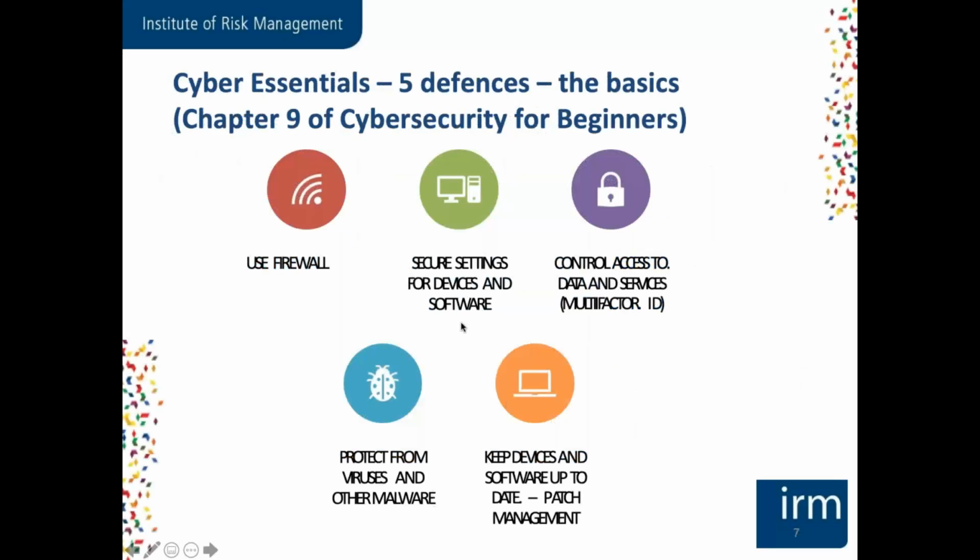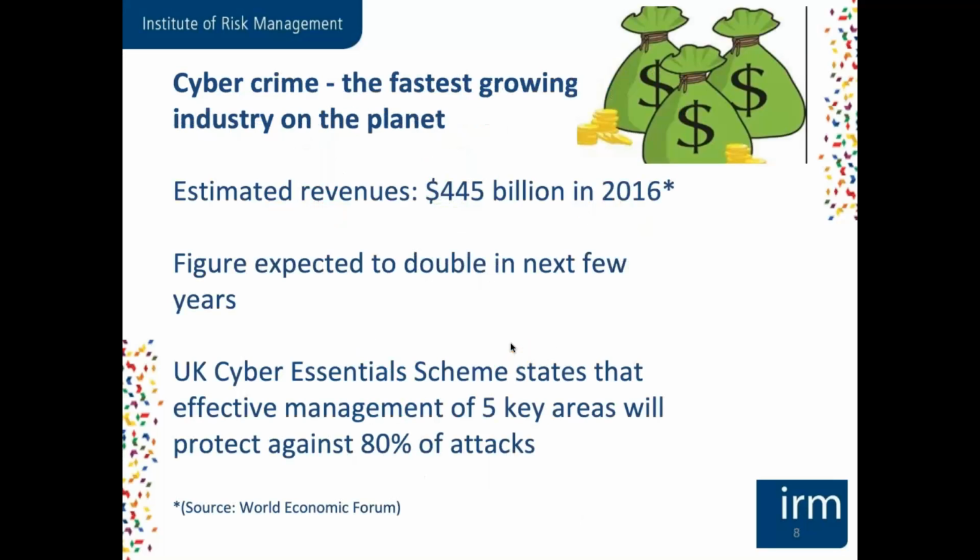So interesting, because these 5 defences are covered in detail in chapter 9 of the cybersecurity textbook, and we can go into quite a bit of detail about those. Again, ensure that you can not just describe them but give use cases and show them in action. And the point is that the UK Cyber Essentials scheme states that effective management of those 5 key areas will guard against 80% of potential attacks.